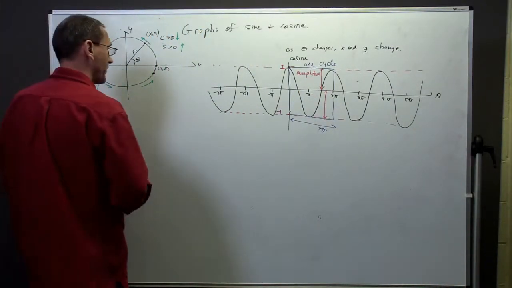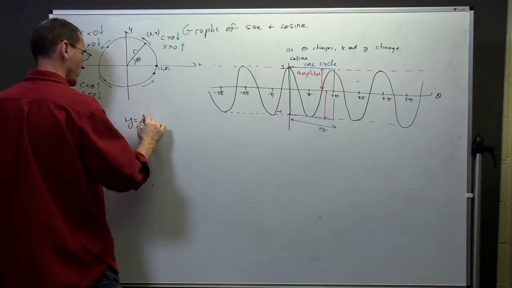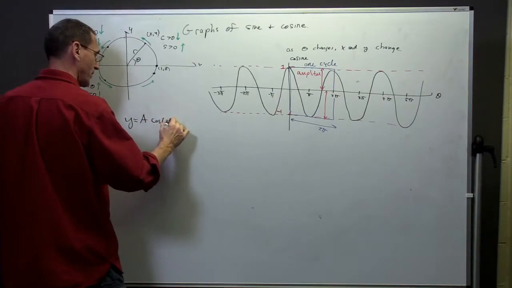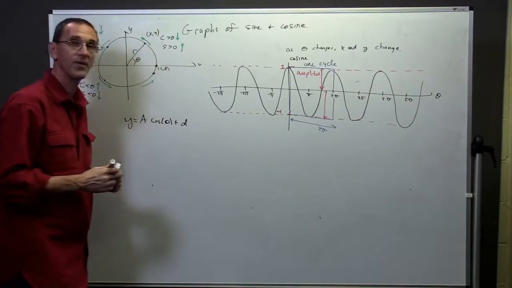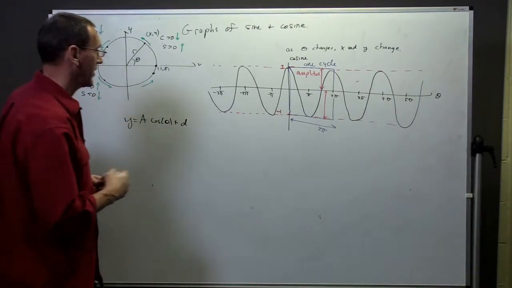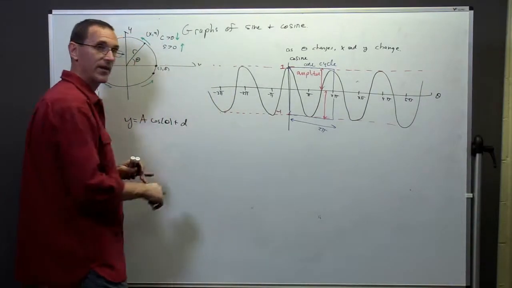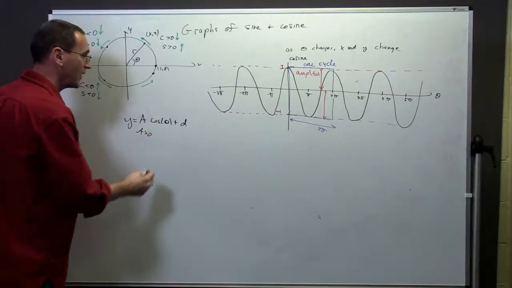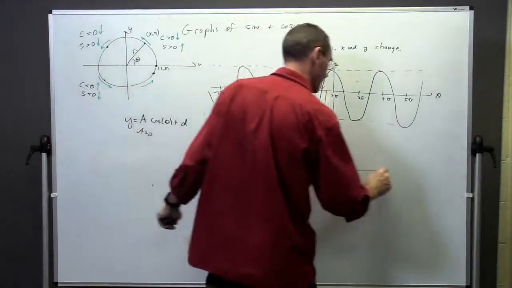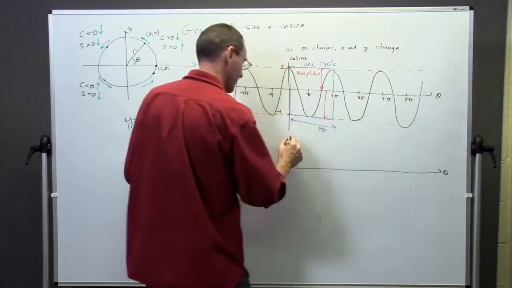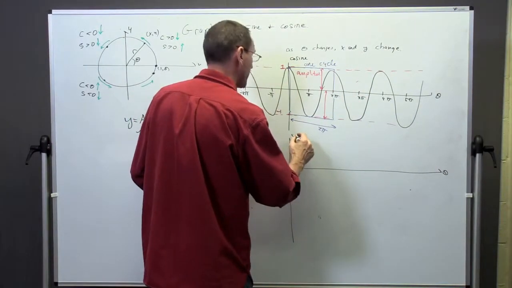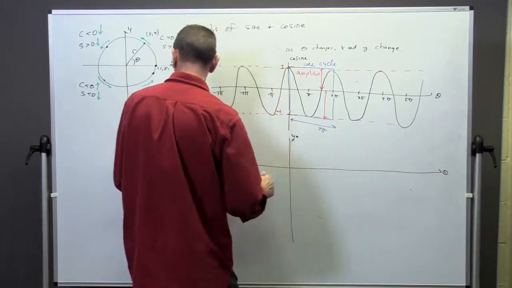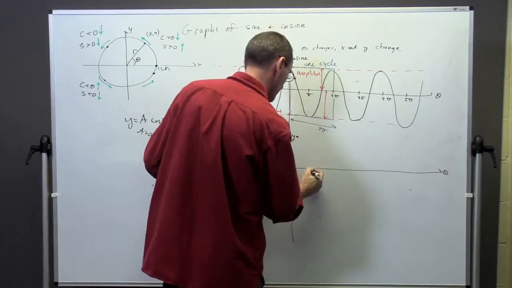And so now if I have a function, y equals a cosine theta plus d, we're going to ask what this looks like. Okay? I'm going to assume d is negative in this next picture, but I'm going to assume that a is positive. So what's it going to do? So this is whatever this function is.